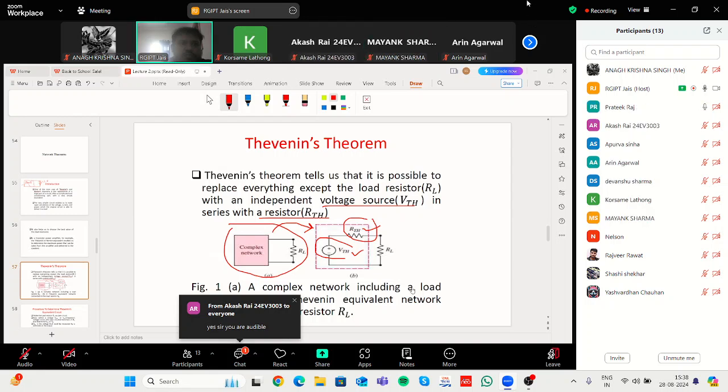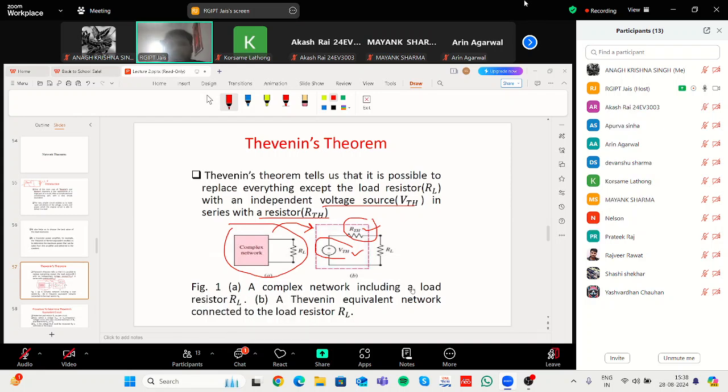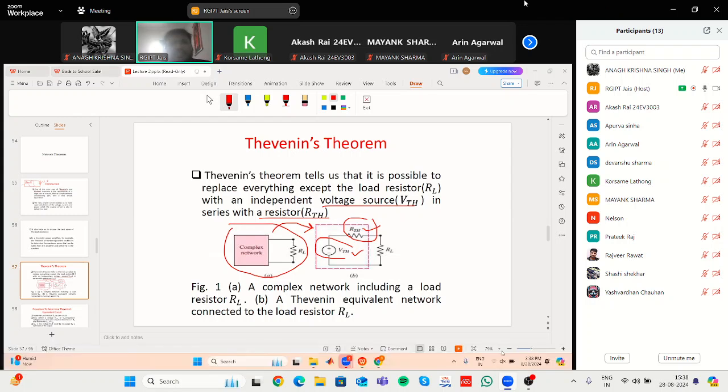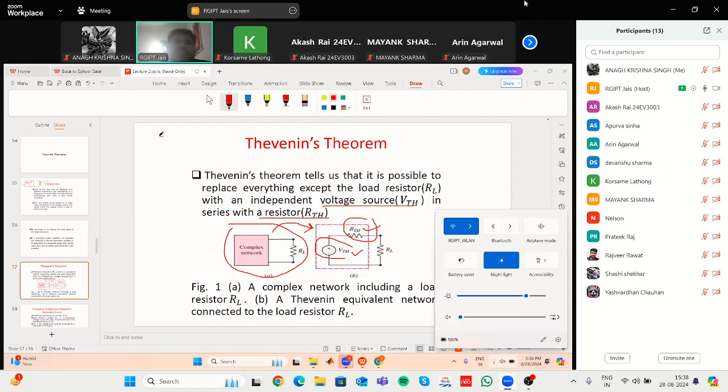Okay. Simplify a complex circuit and represent it in terms of two things. One is a voltage source and the other is a current source.